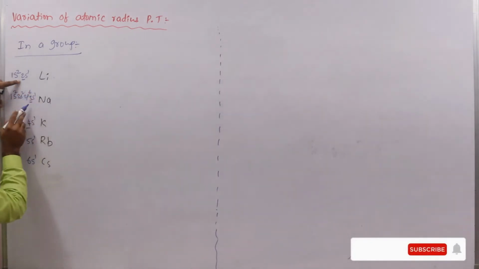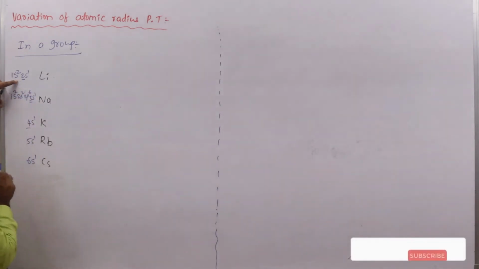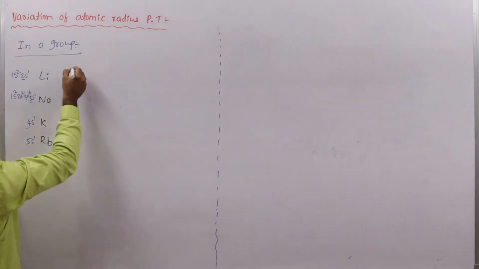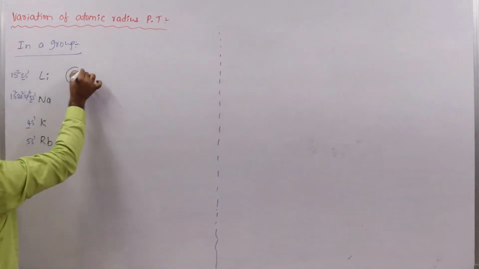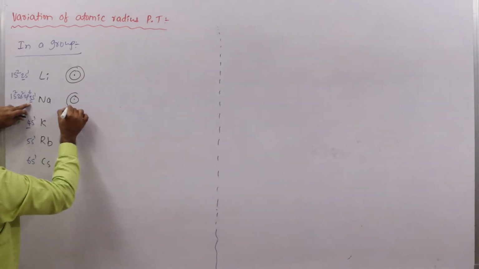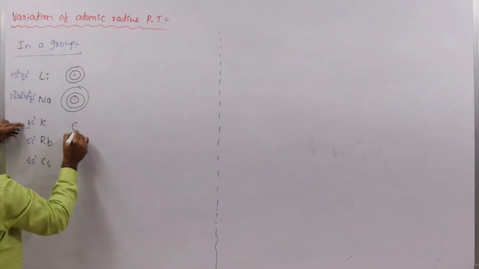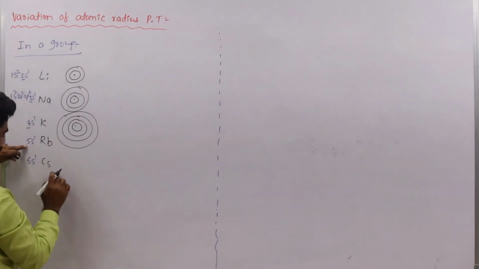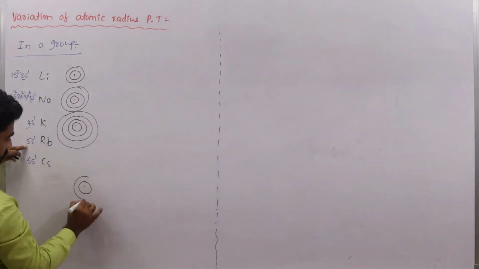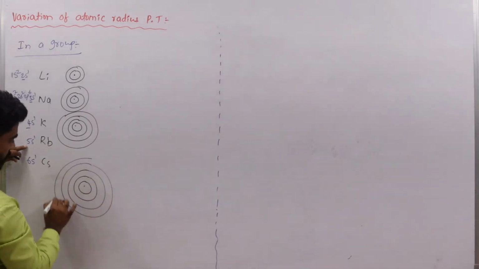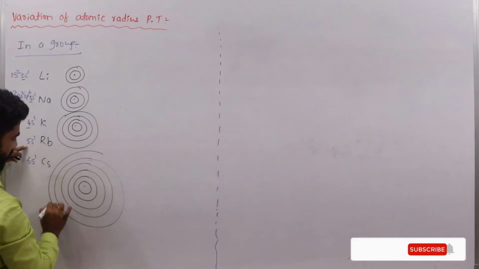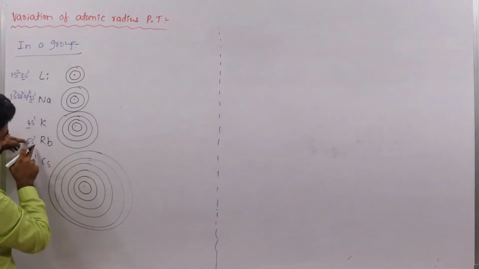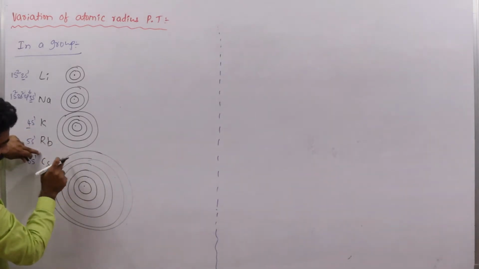Here only 2 shells are there, here 3 shells, here 4 shells, here 5 shells, and here 6 shells are present. Lithium has 2 shells, sodium has 3 shells, potassium has 4 shells, rubidium has 5 shells, and for cesium, totally 6 shells are there.